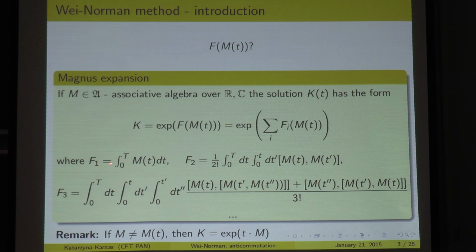As one can see, the first term is simply the integral of M, but the next terms depend on the values of M and the commutators between M of different moments of time. Obviously, if M is constant and does not change in time, then only the first term is non-zero, and the solution is given by the simple form.